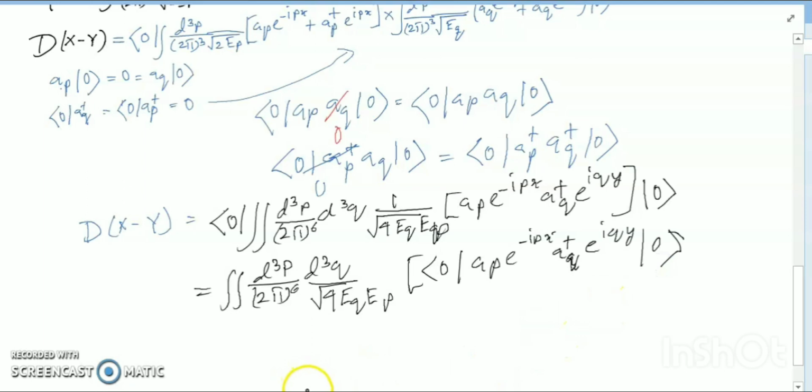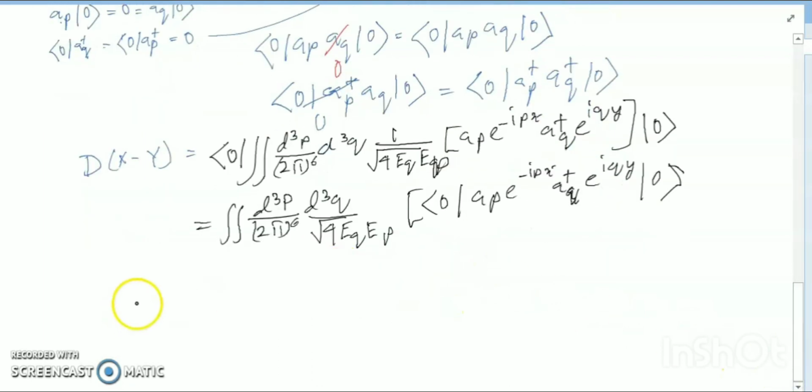So we get this portion. Now we can write, again talking about this portion, 0 a_p and a_q dagger this way, into e to the power minus ipx plus iqy.